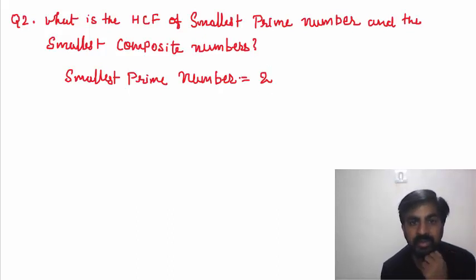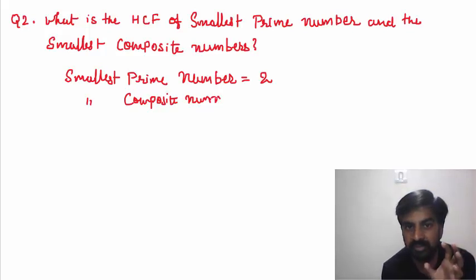So the smallest prime number is 2 and the smallest composite number is 4, because 1 is neither prime nor composite. After 1 comes 2, and after 2 comes 3, but 3 is also a prime number. Then 4 is a composite number.